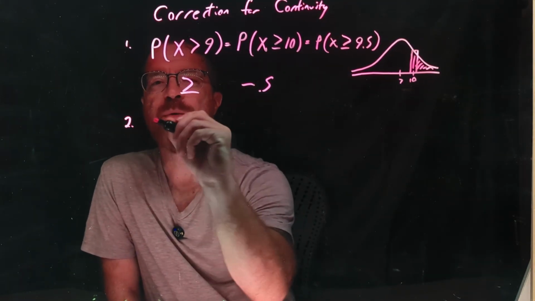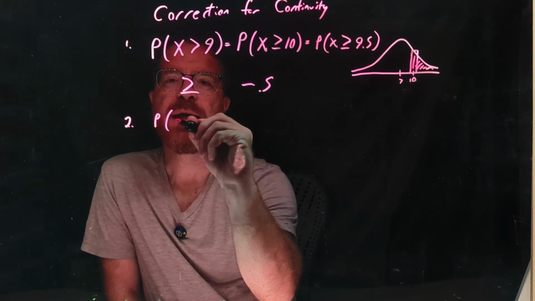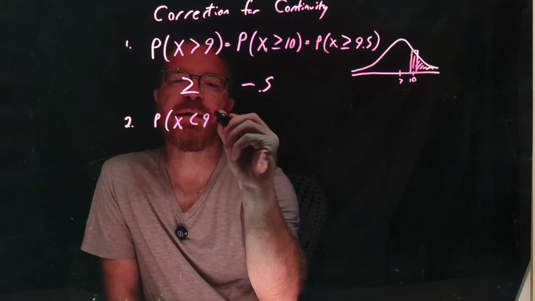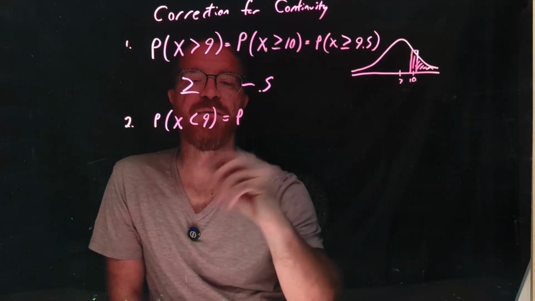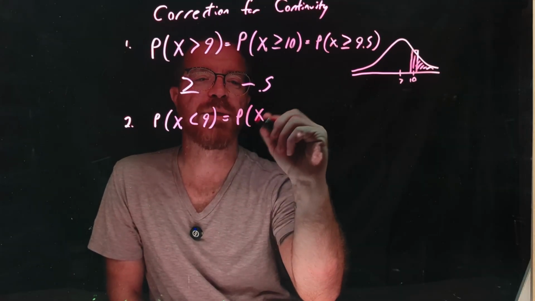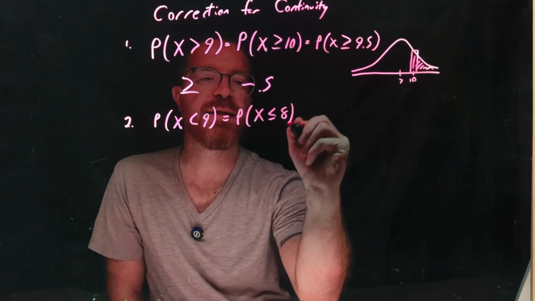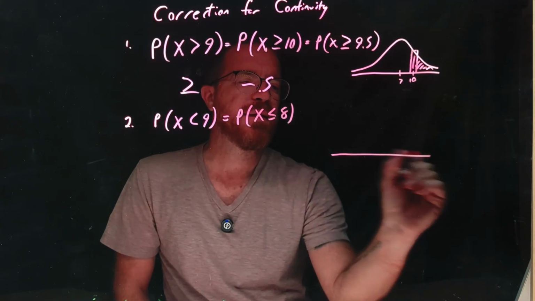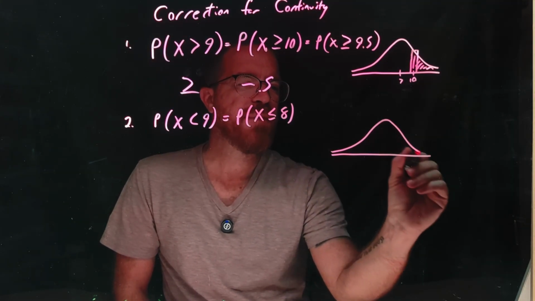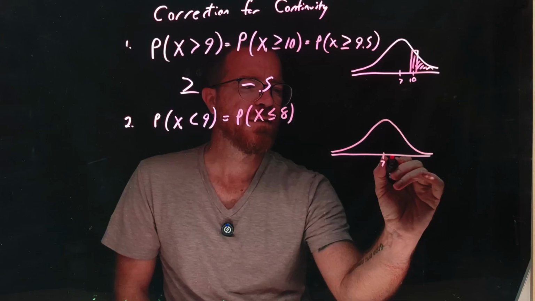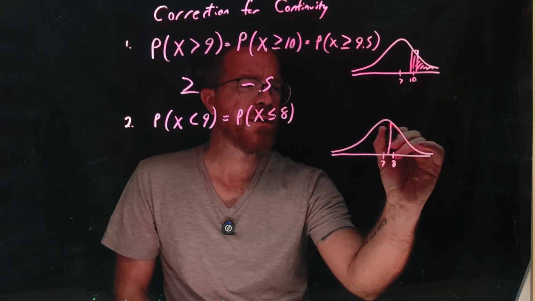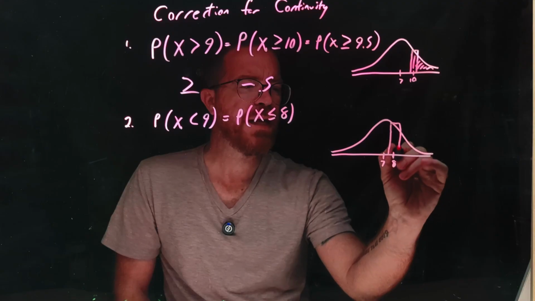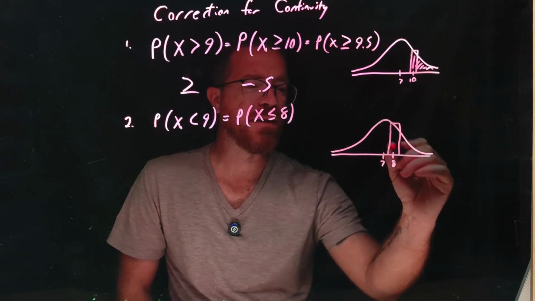Case 2 would be, what if we had something like the probability of x is less than 9? Well, in that case, again, this is discrete. First, we have to get it in terms of or equal to, so this would be probability of x less than or equal to 8. And in this case, we have some 8 where our binomial probability would be the point around 8, and then of course everything to the left of it.